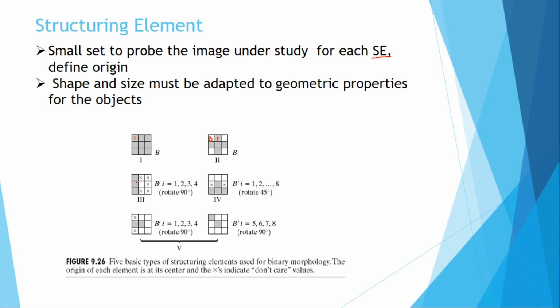In the third case, we have filled cells, non-filled cells, and cross marks. It indicates a don't care condition. For don't care conditions, we can consider the value either 1 or 0 depending upon our purpose. In the next scenario, same thing: filled is 1, not filled is 0, and don't cares are 1 or 0 depending upon our case.